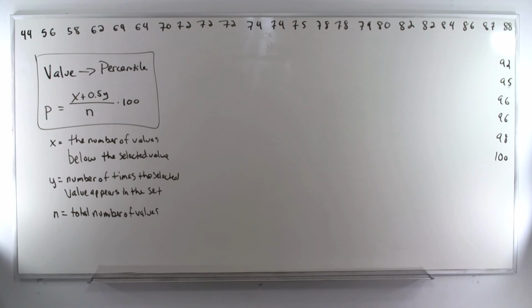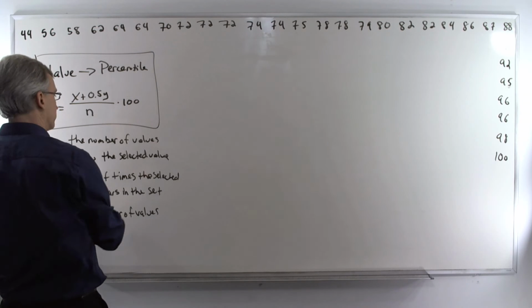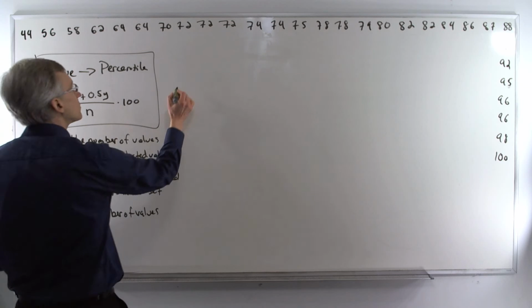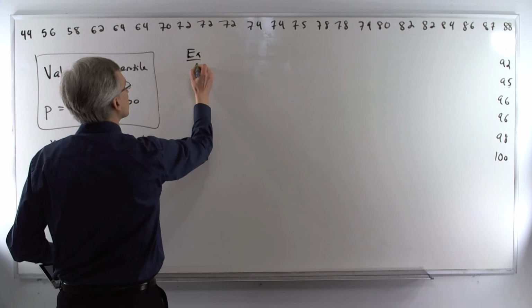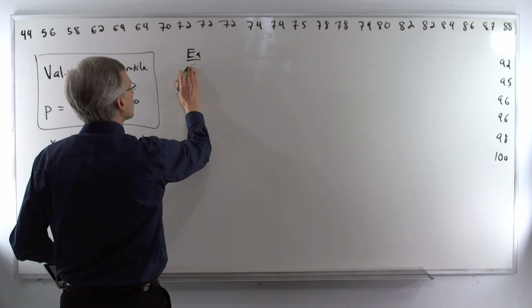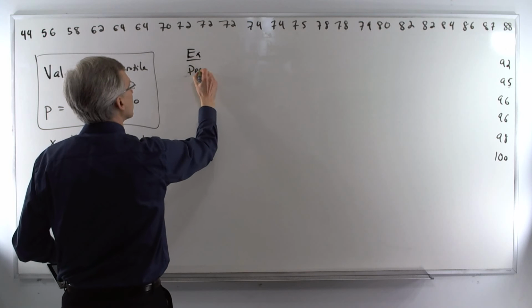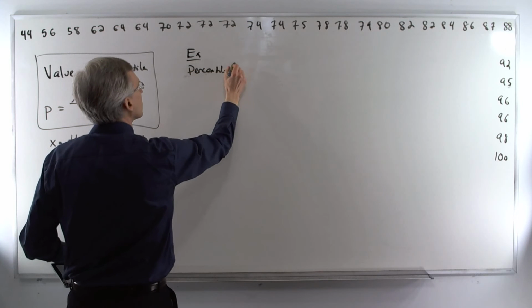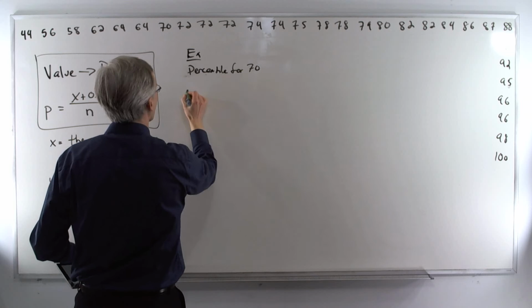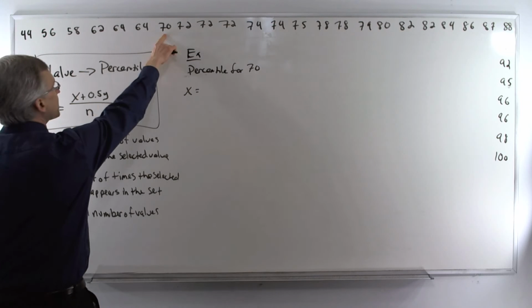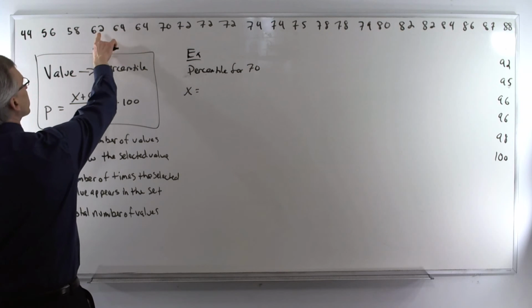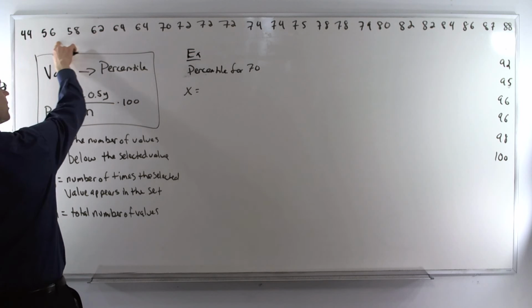So we're going to do an example of this, and we're going to find the percentile associated with the value 70. Here is 70. Let's count down from 70: 1, 2, 3, 4, 5, 6. 6 values below 70.